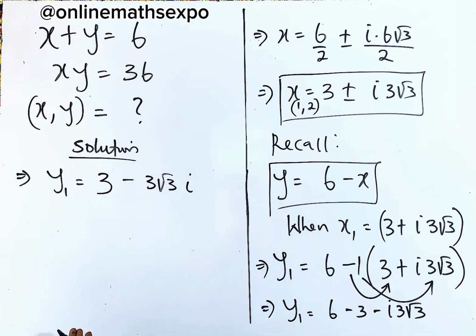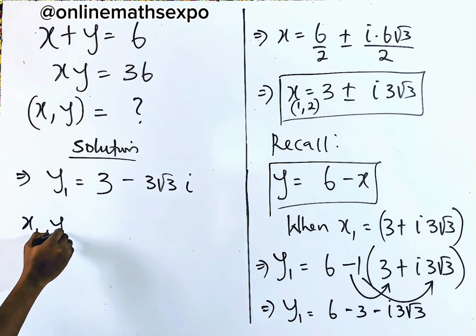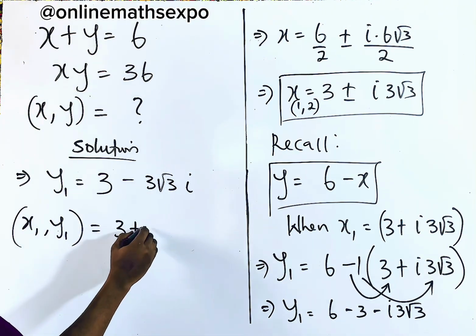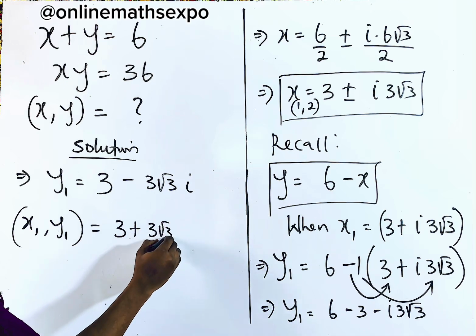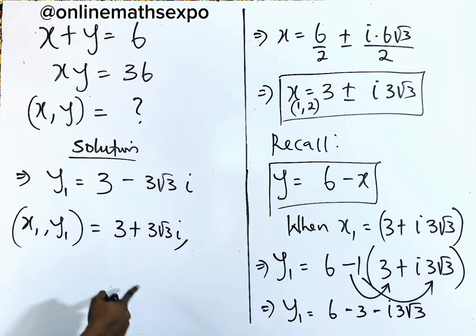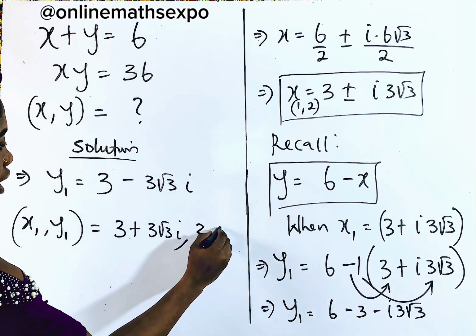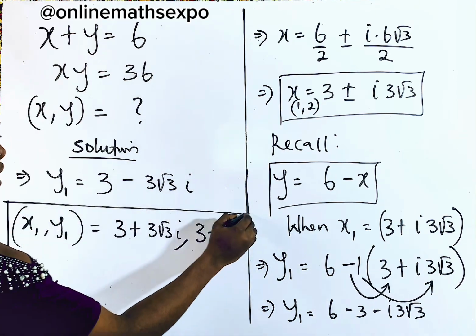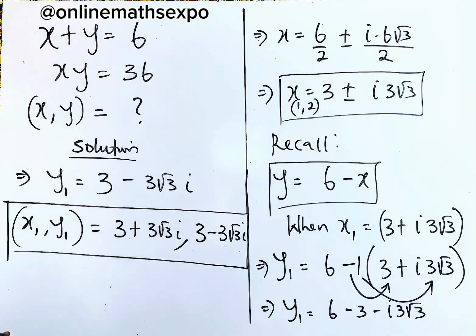So this is the first set. So gathering it, we put the first x and y values together: x is 3 plus 3 root 3 i, and our y is 3 minus 3 root 3 i. So this is the first set for this equation.